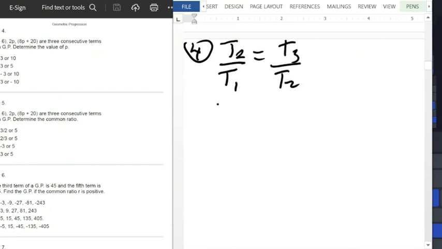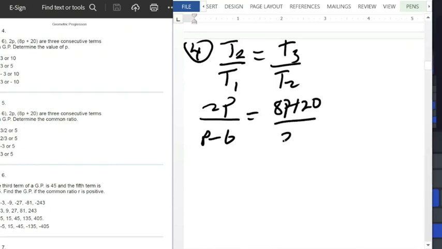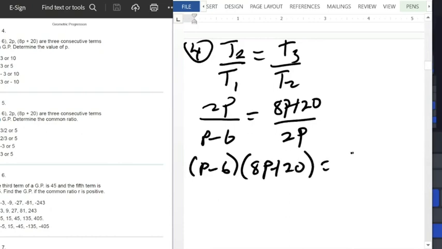So which is 2P all over P minus 6 equals 8P plus 20 all over 2P. So when you cross multiply, we are going to have P minus 6 multiplied by 8P plus 20 equals 2P times 2P, that is 4P squared.